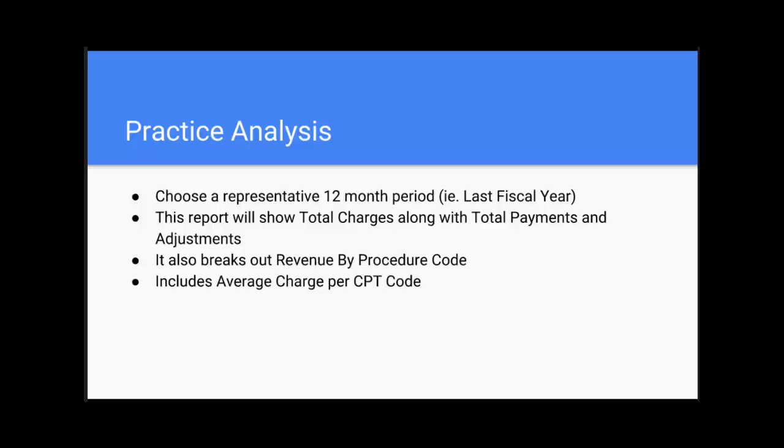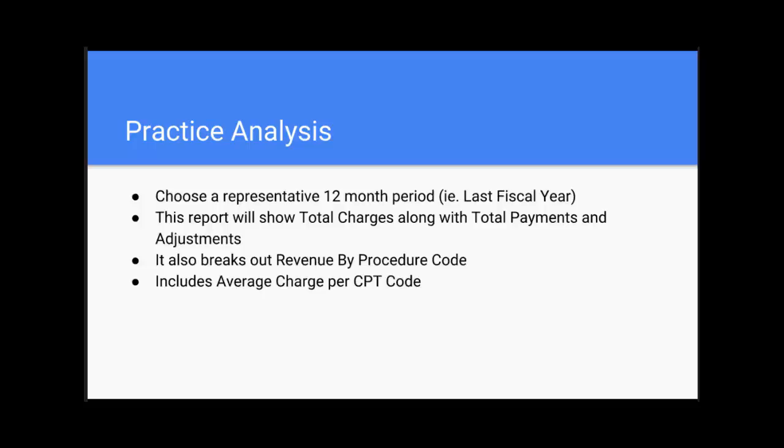So I usually suggest to go with last fiscal year. Certainly, there's been plenty of time in 2016 to post as much activity as you were going to for 2015. But if you're really up to date on your posting, you could run a 12-month period, let's say from April 1st of 2016, and the previous 12 months.